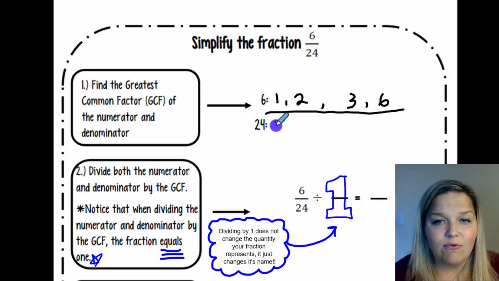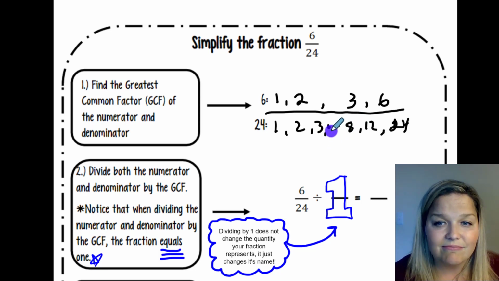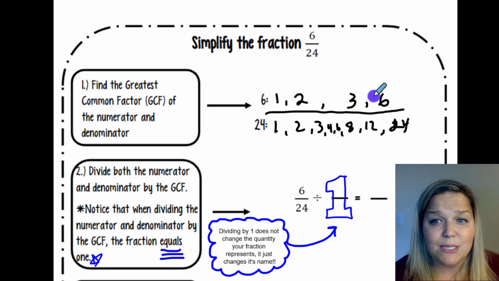Then I have for 24, 1 and 24, 2 and 12, 3 and 8, and 4 and 6. Can I fit it? Barely got it. So what is the greatest factor that can fit into both? 6.